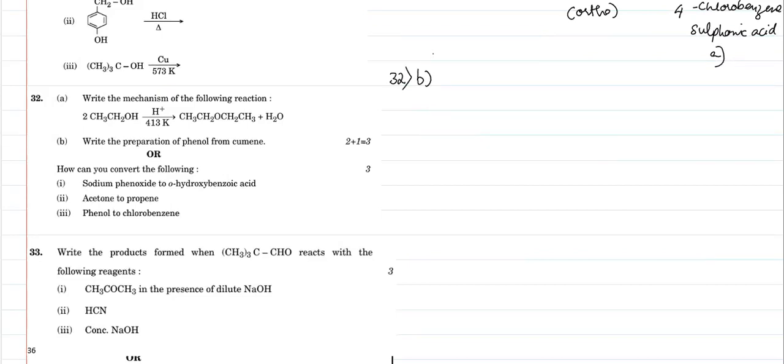So here we need to show how phenol is prepared from cumene. First of all, you need to know what the molecular formula of cumene is: a benzene ring with a propyl chain attached to it, a 3-carbon chain, and this is giving us phenol.